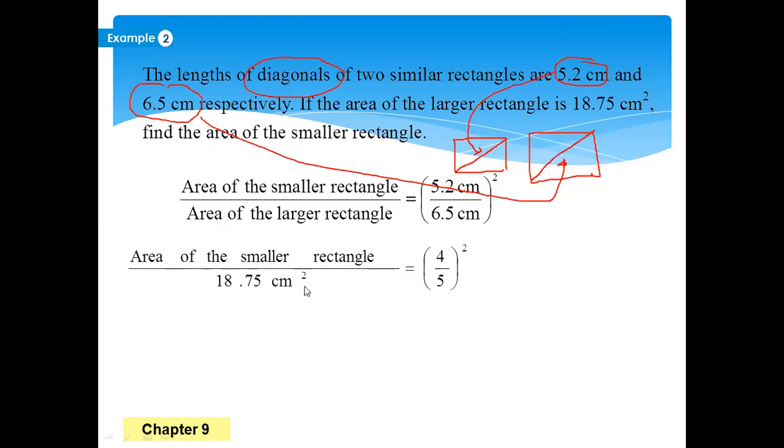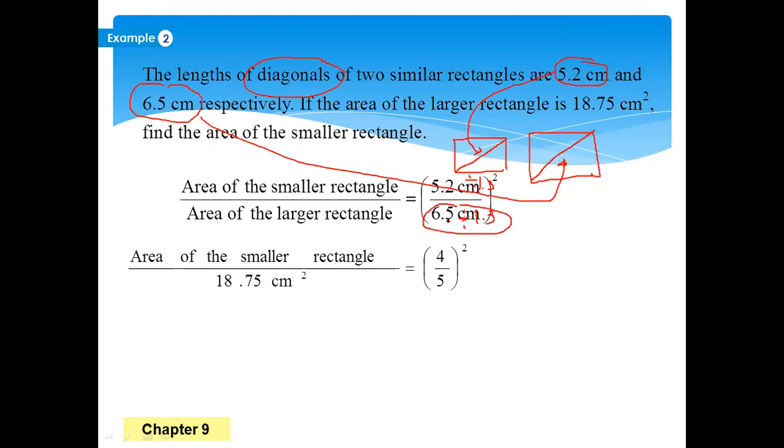Then you substitute the area of the larger rectangle. Before you take square, you can simplify this because they can both be divided by 1.3. Hence, it is easier to take square.